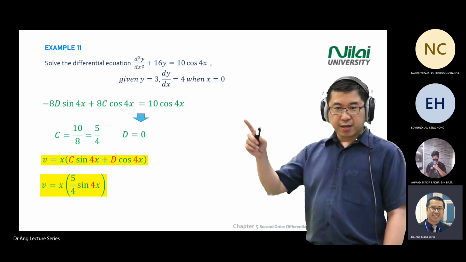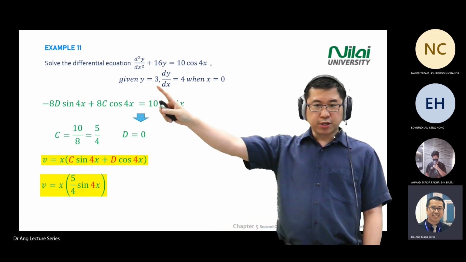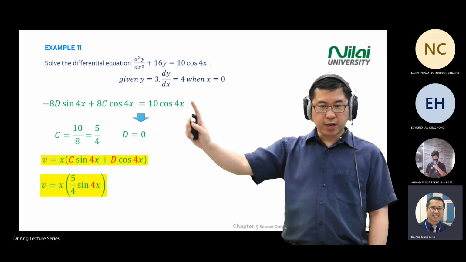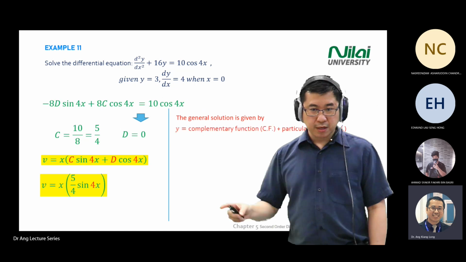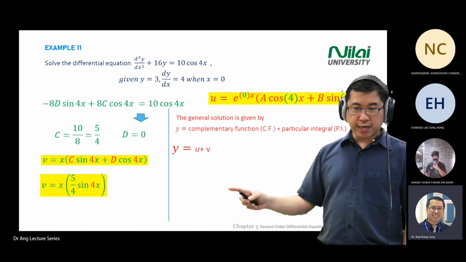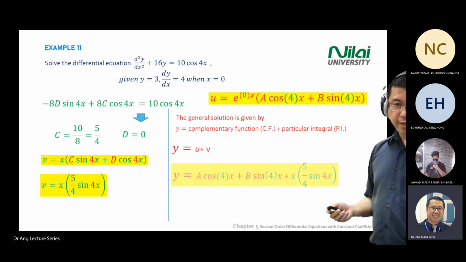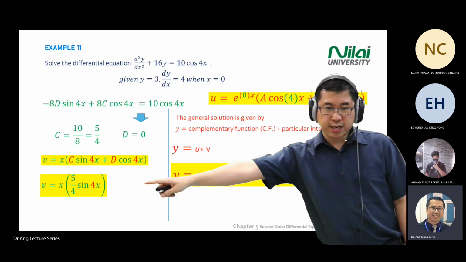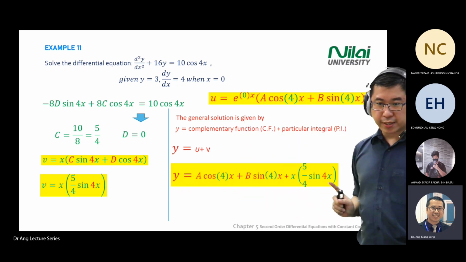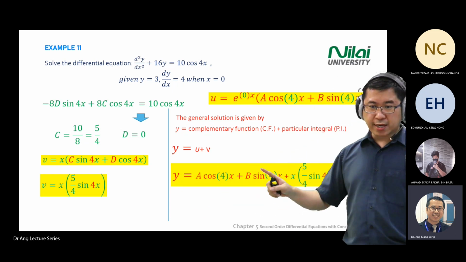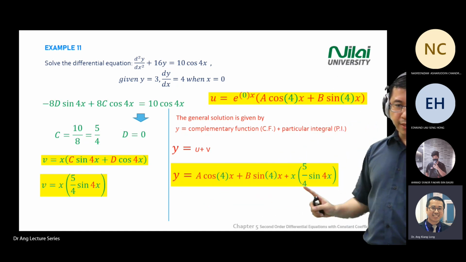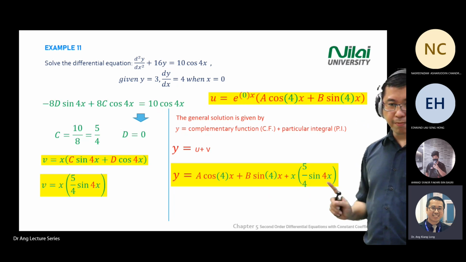Again, there is a purpose why the question gives you y, x, and dy dx. It's a lengthy question. So general equation, you get this whole thing, right? You have a u and v here. You combine the whole thing. Y equal to a something plus b something and plus something or minus something.